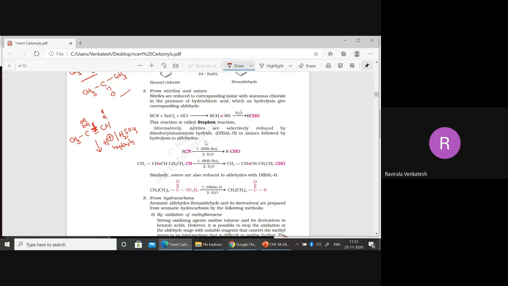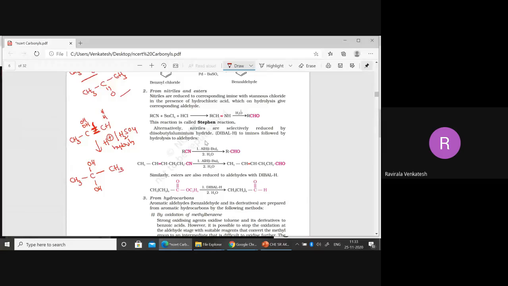Now what are we going to get here? CH3 C OH, and one more OH we are getting here. Break these two pi bonds, keep this sigma bond like this only. Now this is converting into what?